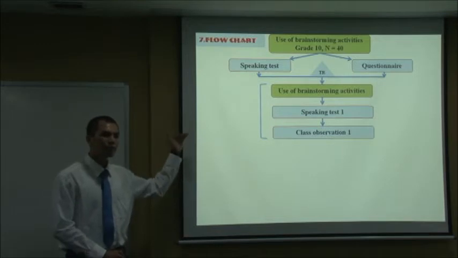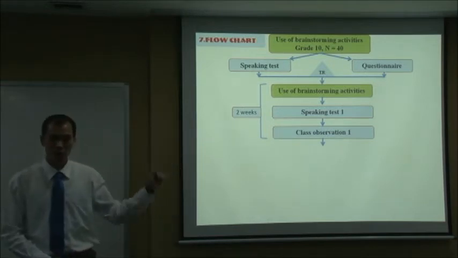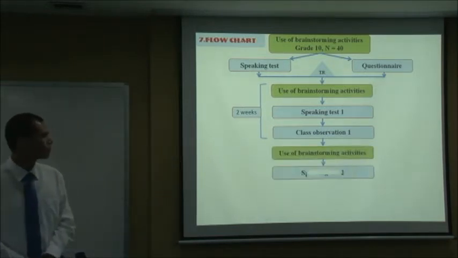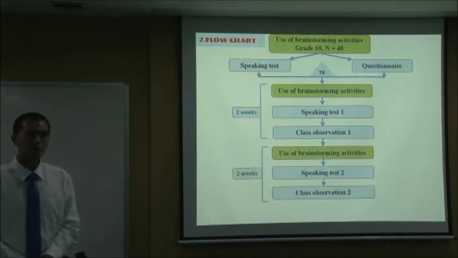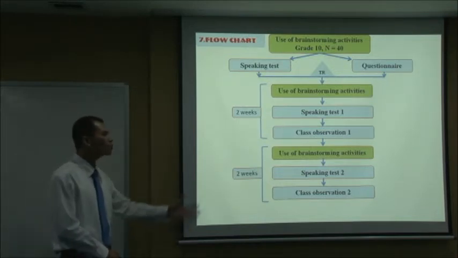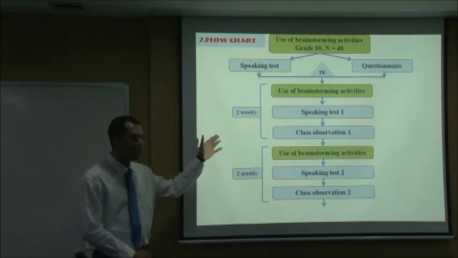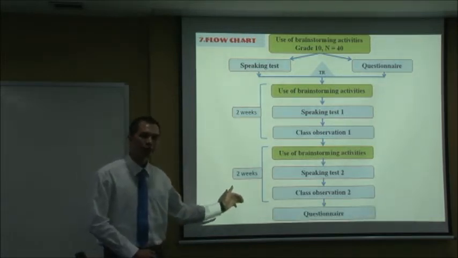This step happens over 2 weeks. After that, I do brainstorming, speaking test 2, and class observation 2 over the next 2 weeks. After that, I compare the results. And the last part is the questionnaire.